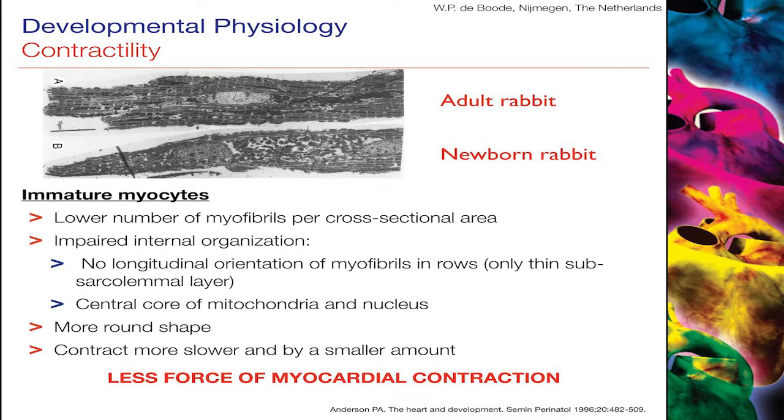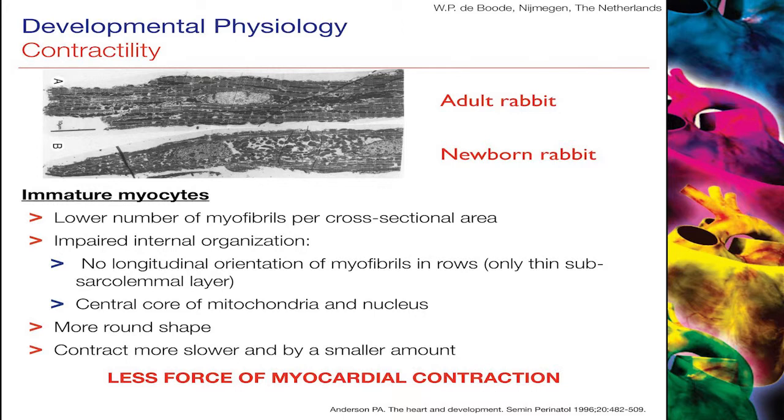Well, we all take care of children, newborns, preterm newborns, and there are some developmental changes in the cardiovascular system. When we look at contractility, when you see the immature myocytes, it's quite a difference.